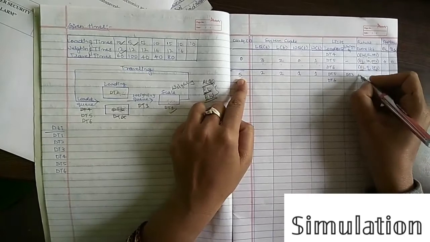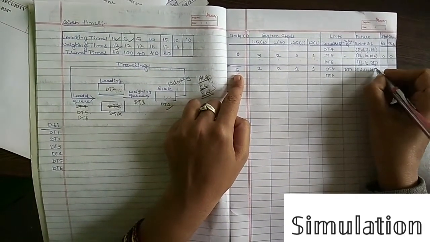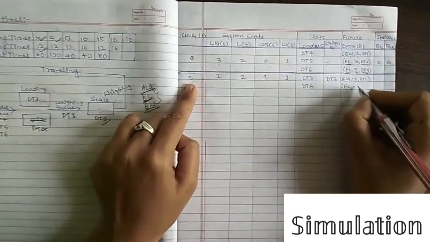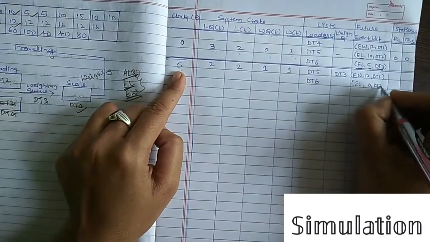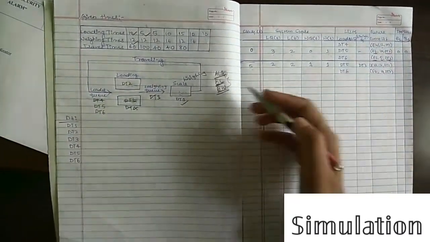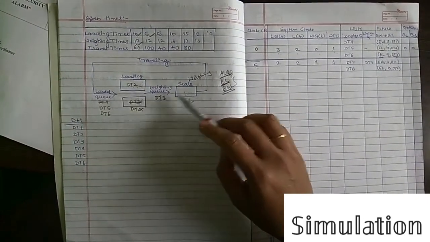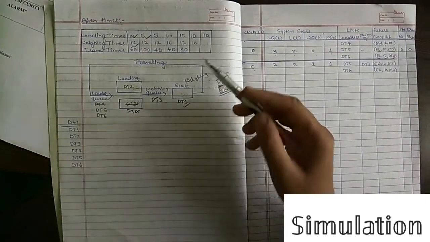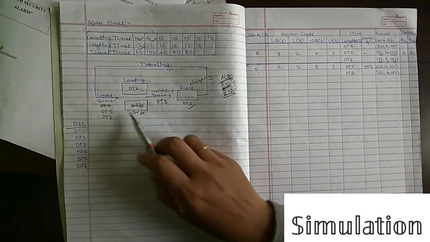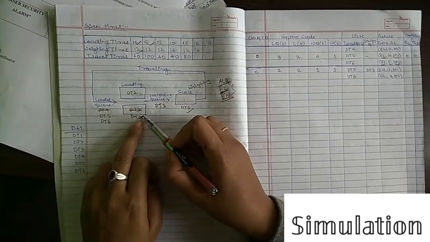Remaining 2 as it is, you have to write end weighing 12 DT1, next end loading 10 and DT2. Then which extra events do we have to generate? I told you, once a truck is coming into these modules, that time you have to generate the new events. See, now DT4 has come into the loading module.